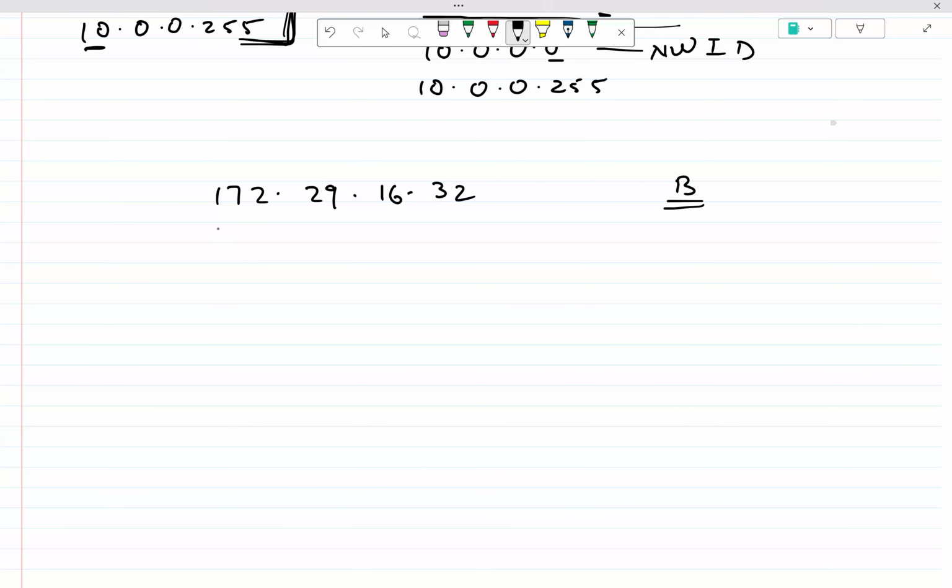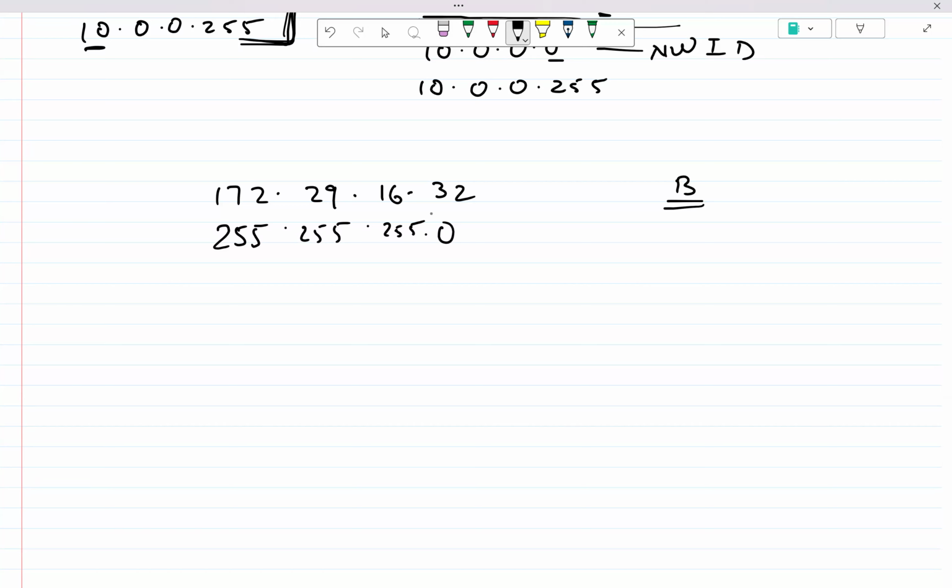For a class B IP address, the default mask is going to be 255.255.0.0. This is a classful IP address. Now, let me make this a classless IP address by just changing this 0 into 255, where this is a class C address mask.